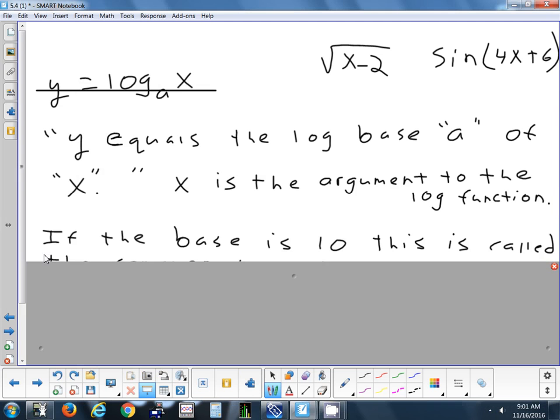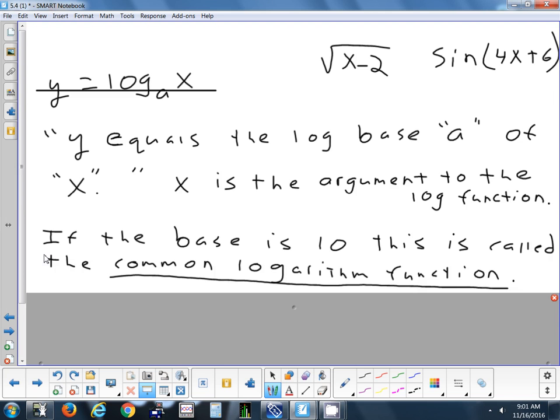Does anybody know what the name of a base 10 log is? Well, since it's the one that you use most of the time, the one that occurs most often, it's called the common log. So if they ask you in a problem to find the common log of a number, that means they want you to take the log and let the base be 10.